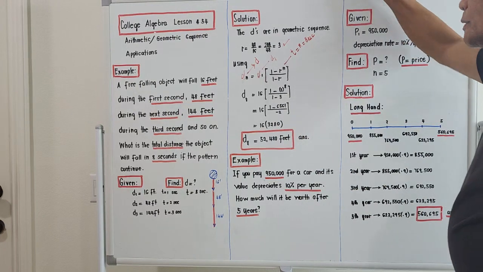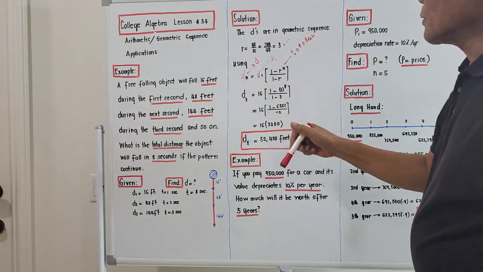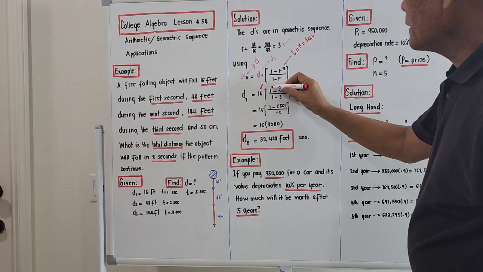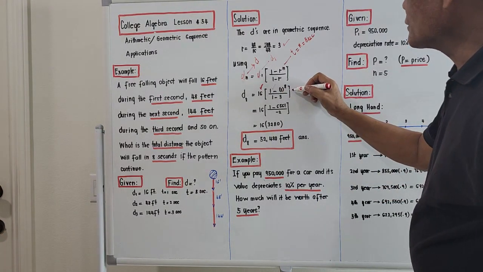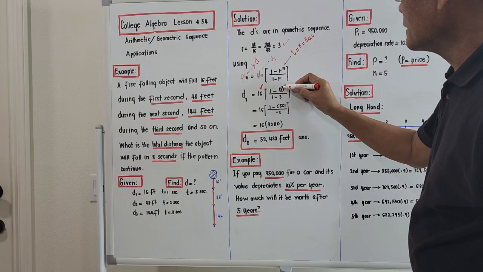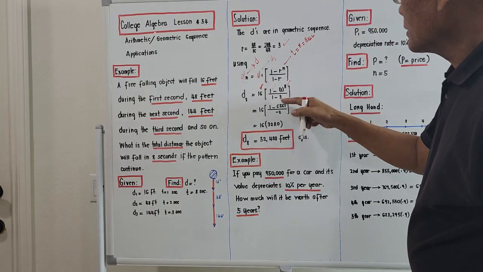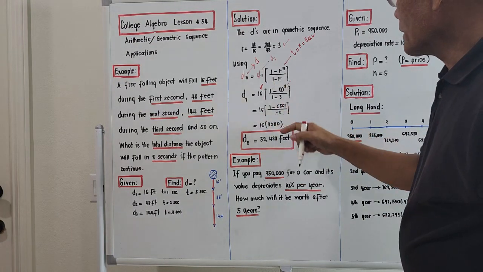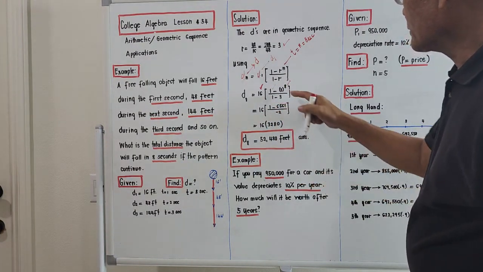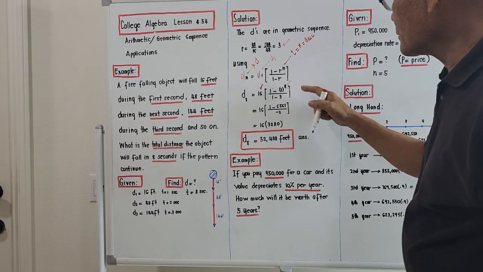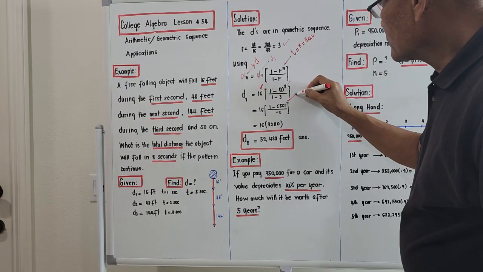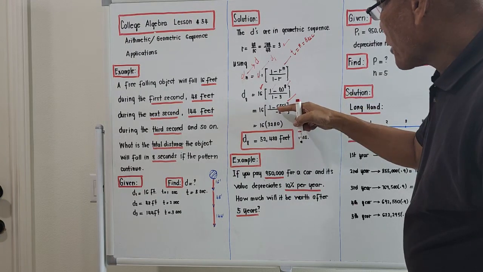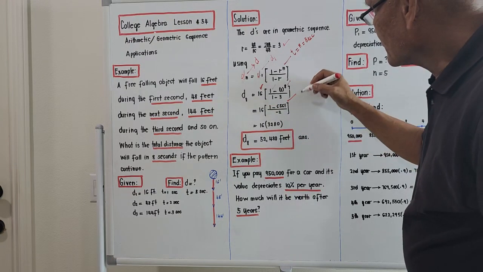Substituting values. Distance number 1 is actually 16. One minus the computed value of the ratio, 3 to the 8th power, over 1 minus 3. So it should be 16, open bracket, 1 minus 3 to the 8th power, which is 6561, minus 2. And 6561 minus 1, this is minus, right? So we subtract 1 here, but the sign should be negative.